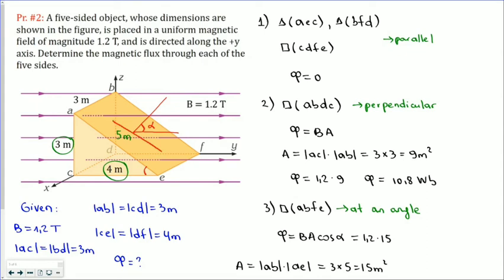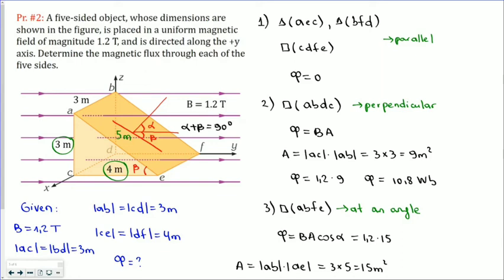And if this is beta, this is also beta. And we can find that the sum of these angles is 90 degrees.